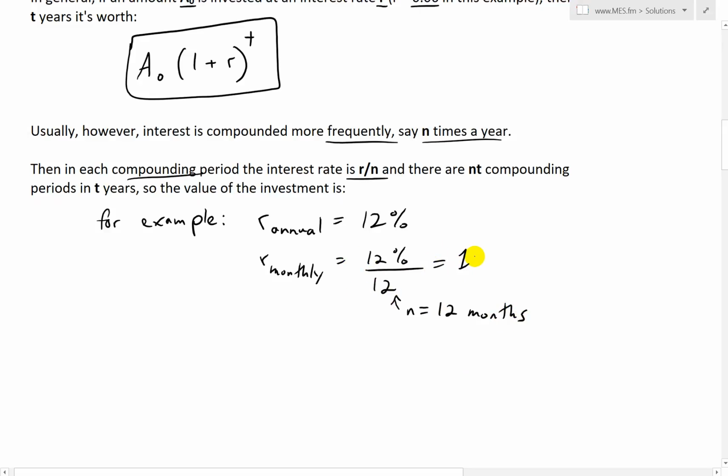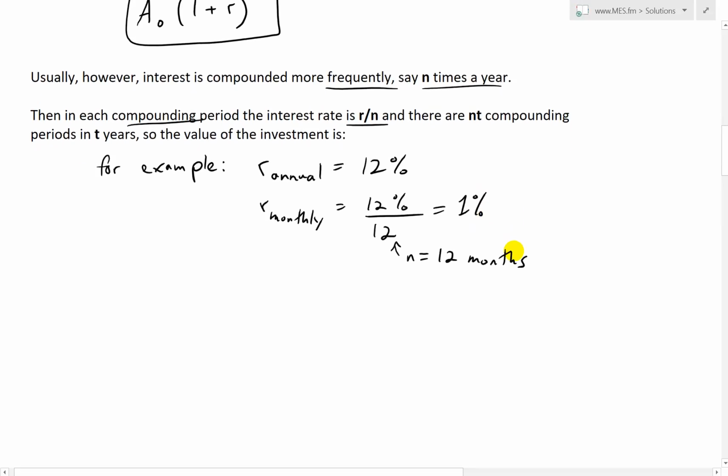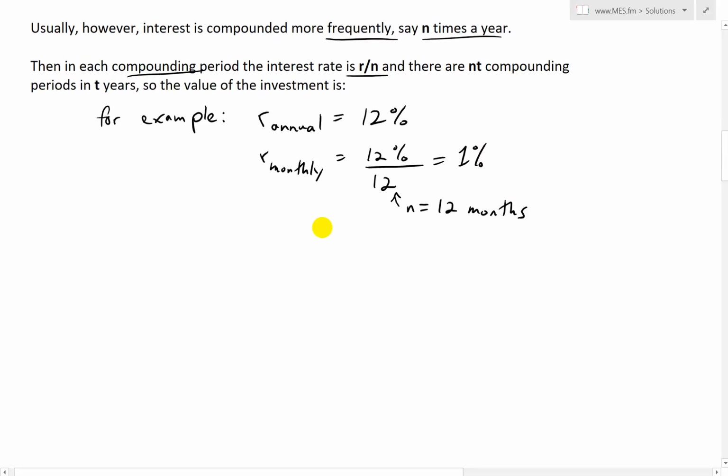This just becomes 1%, and then the total number of compounding periods in t years. Well, if we're doing, let's say, after 2 years, we want the worth after 2 years, but we're doing monthly compounding, so that means 12 months per year times 2 years to get 24.